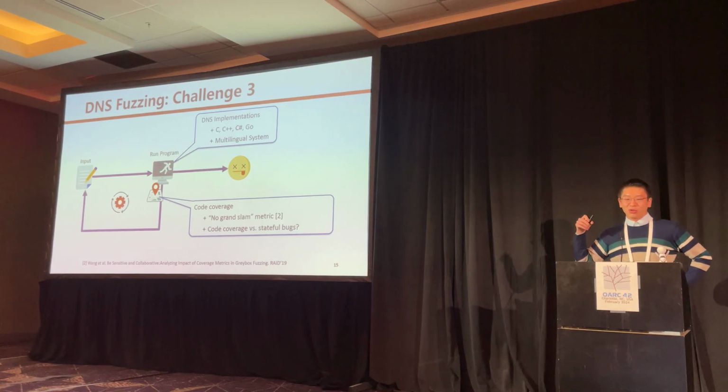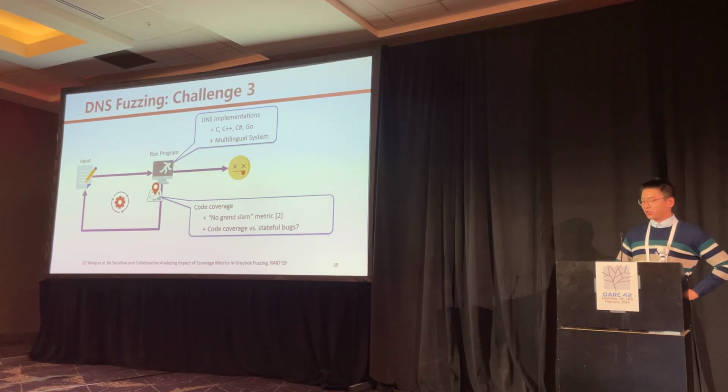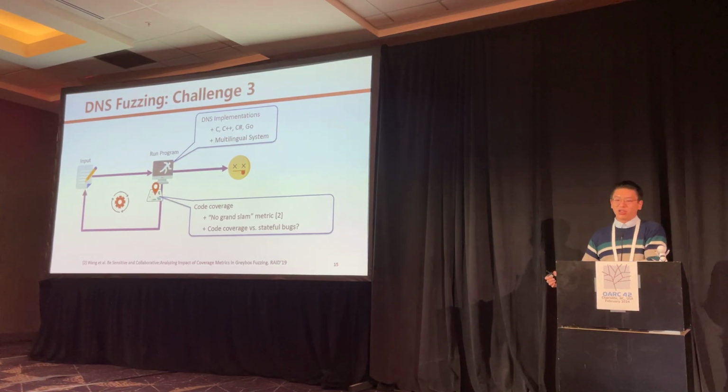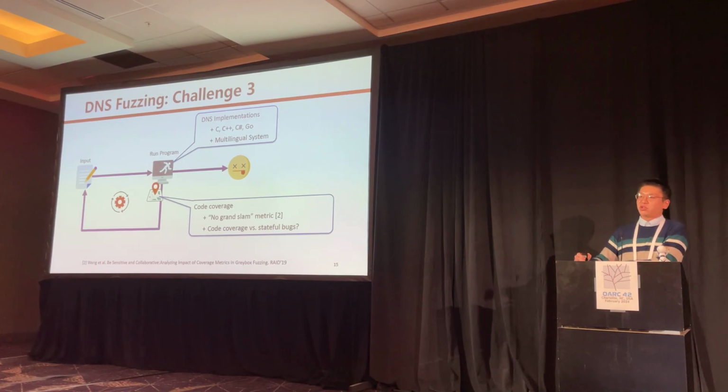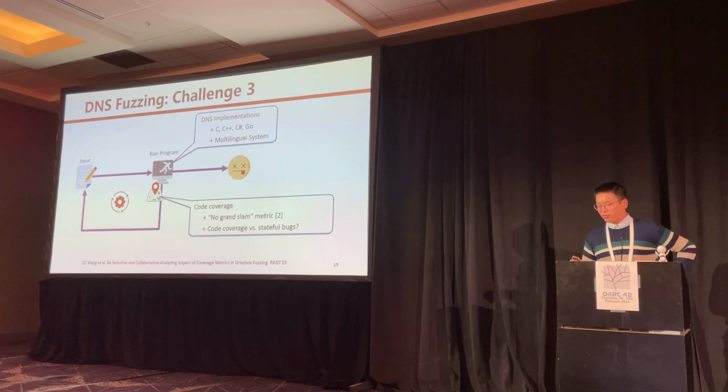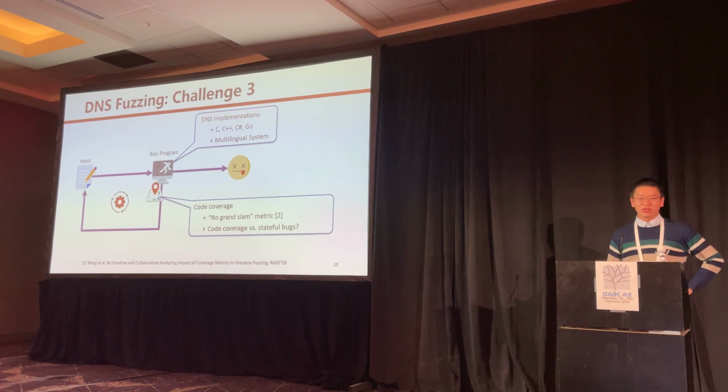We have different DNS softwares, and the coverage is different because they have different implementations. By comparing the coverage ratio among the DNS softwares, we cannot get much useful information.